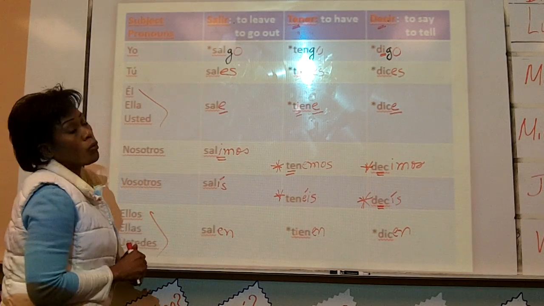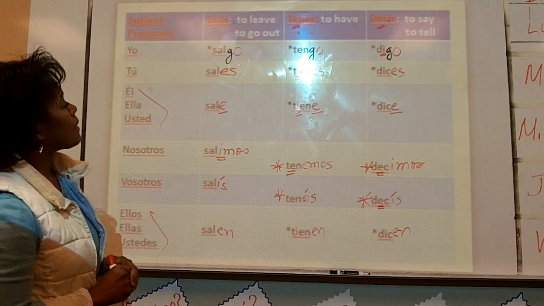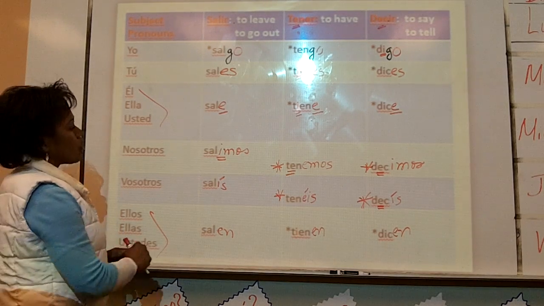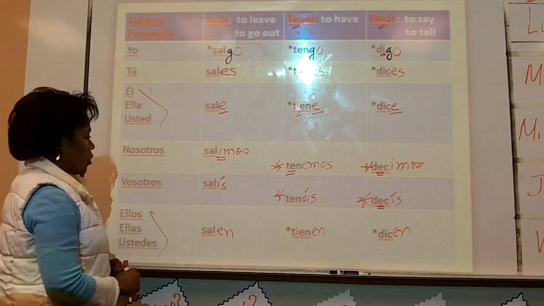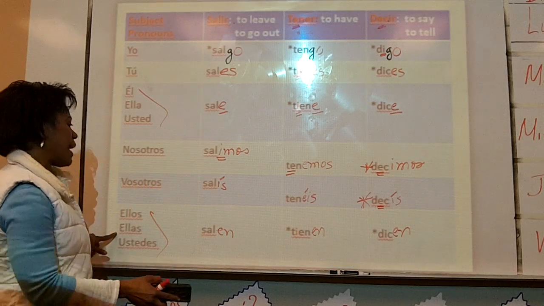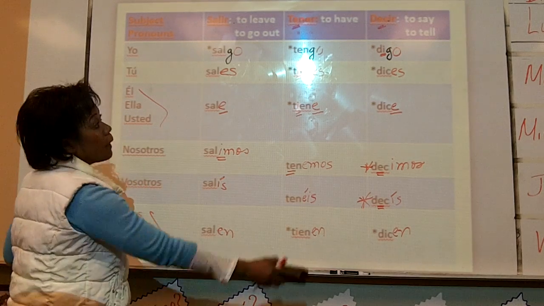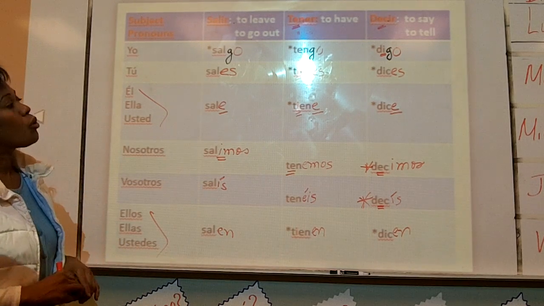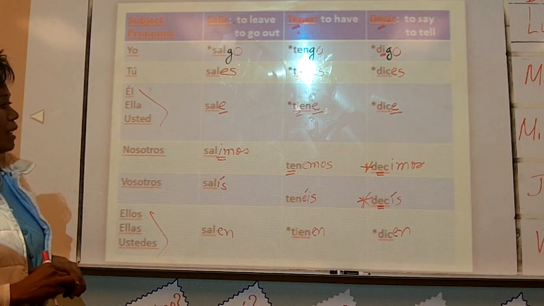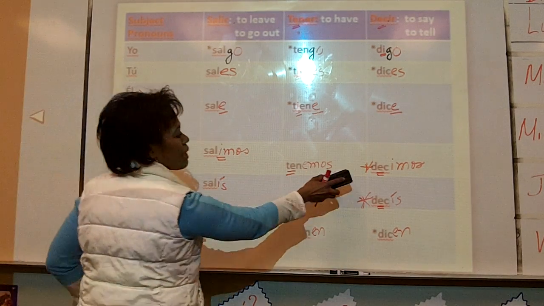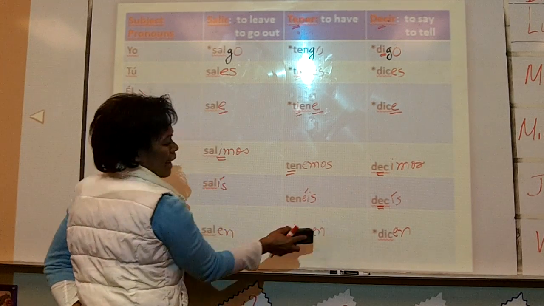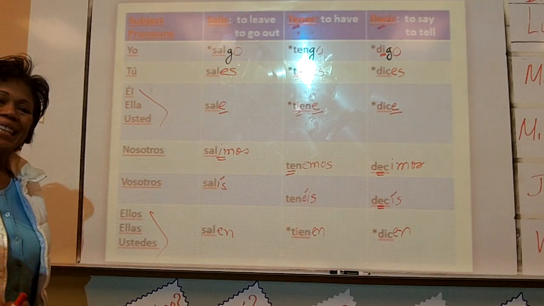Yo tengo, tú tienes, él, ella, usted tiene, nosotros tenemos, vosotros tenéis, and ellos, ellas, ustedes tienen. Yo digo, tú dices, él, ella, usted dice, nosotros decimos, vosotros decís, and ellos, ellas, ustedes dicen.